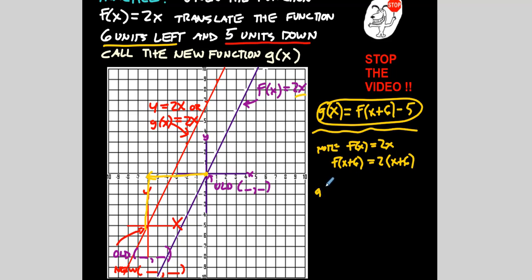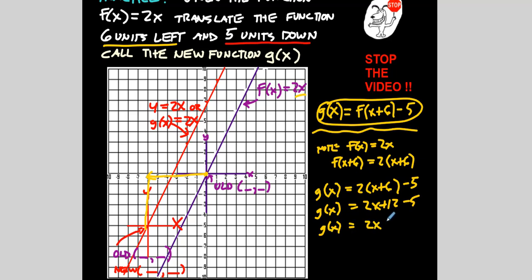So I could write g(x) equals 2(x + 6) - 5. Now let's multiply that out. That's 2x + 12 using the distributive property, minus 5. So g(x) is 2x + 7.